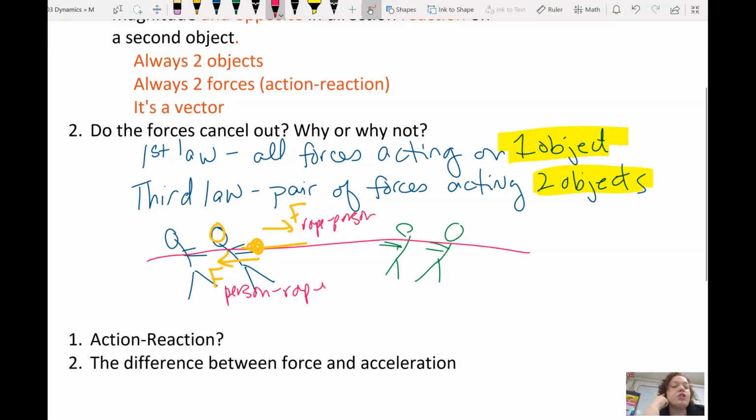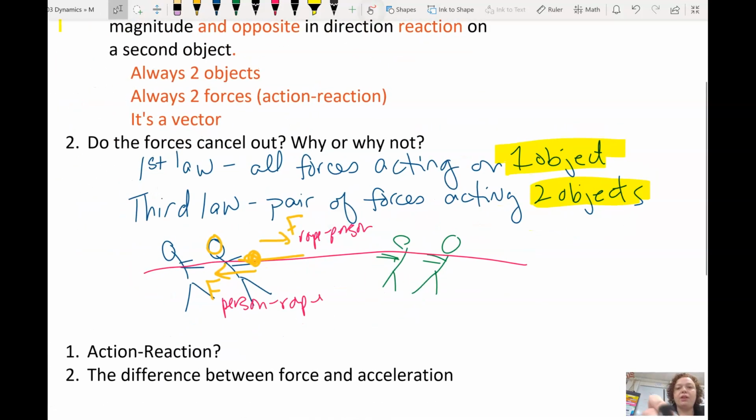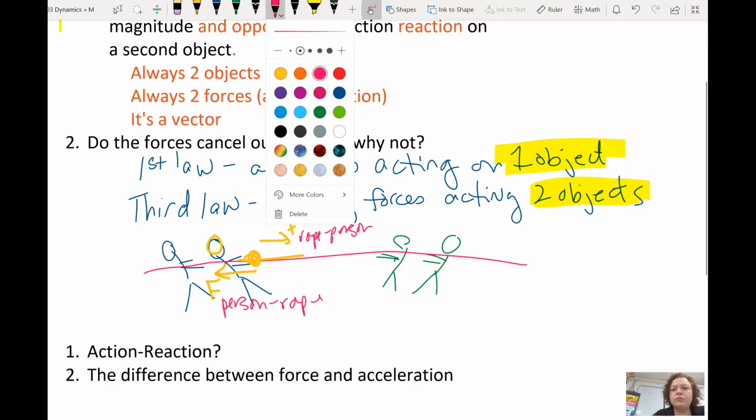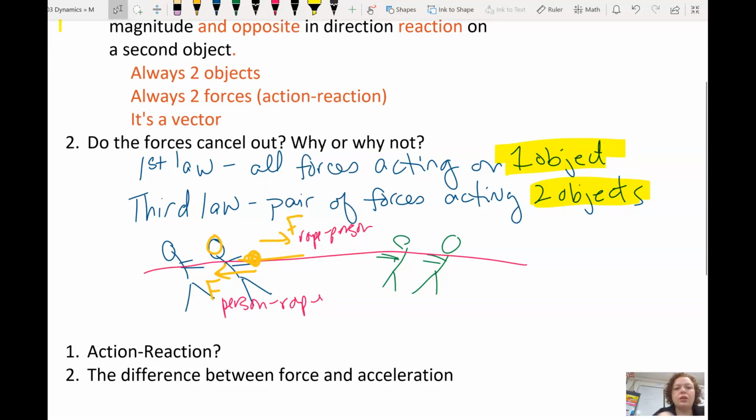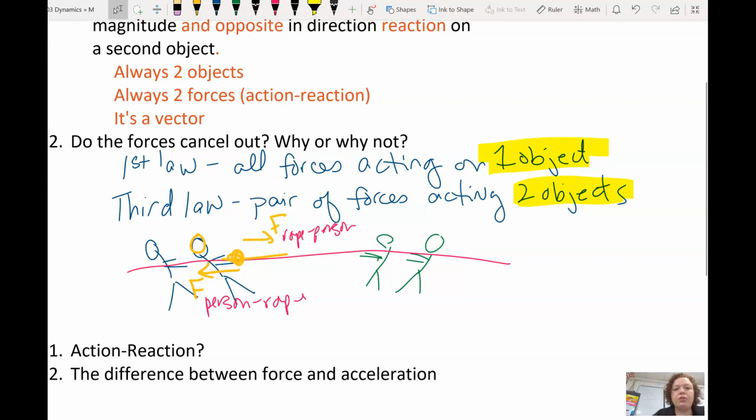Now, if you remember from your definitions of types of forces, tension tells us that if this rope is pulling with a certain amount of force on this side, then the rope must also be pulling with the same amount of force on this side.